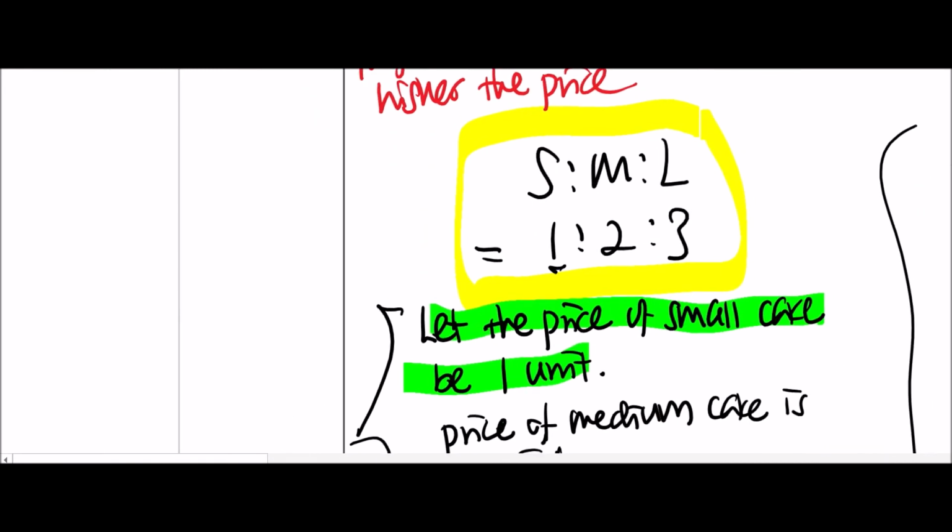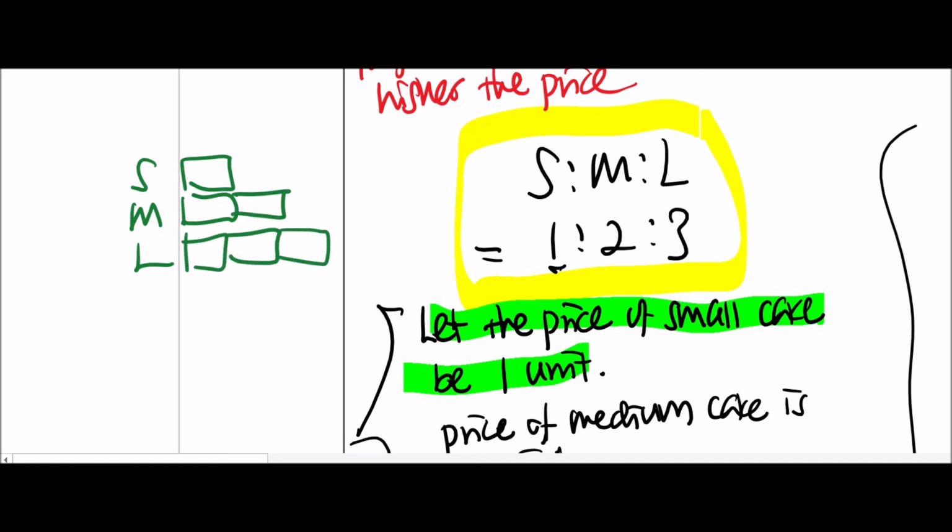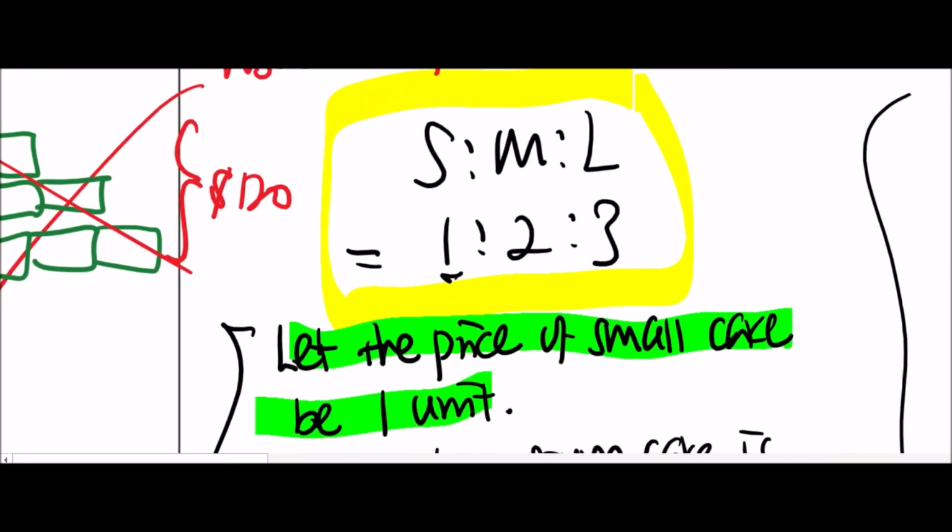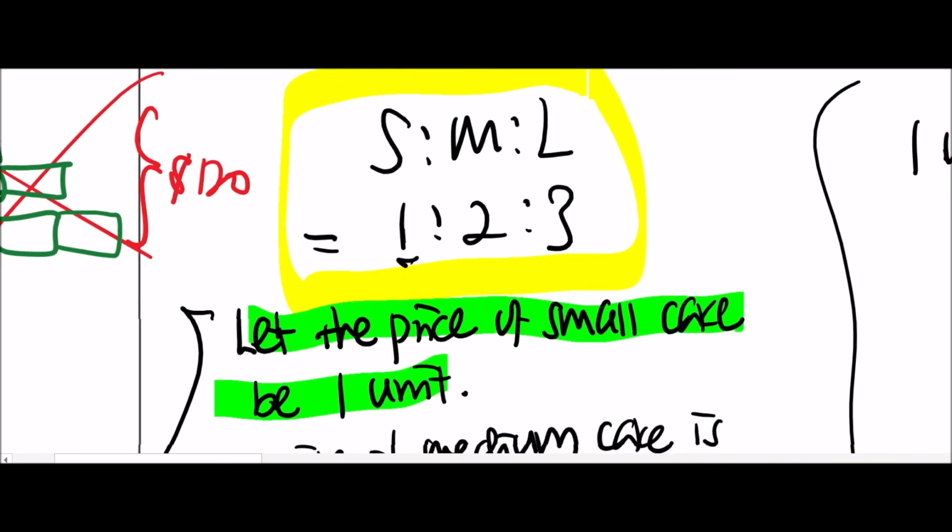I could equivalently draw a model, the price: this is 1 unit, medium must be 2, and large must be 3, in the way that you're familiar with, and they add up to $120. But this is no longer relevant, not recommended that you do this. Please do it the proper way, the ratio way.